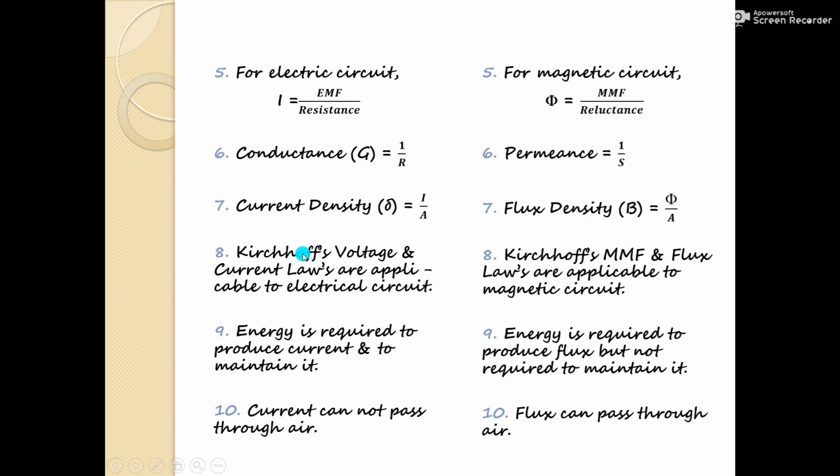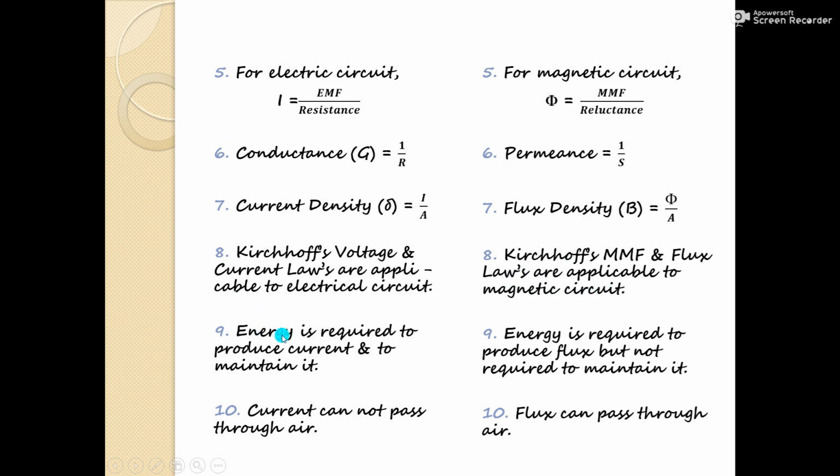In an electric circuit, we have gone through two laws, Kirchhoff's voltage law and current law, which are applicable to electric circuits. In a magnetic circuit, we have Kirchhoff's magnetomotive force and flux laws, which are applicable to magnetic circuits.